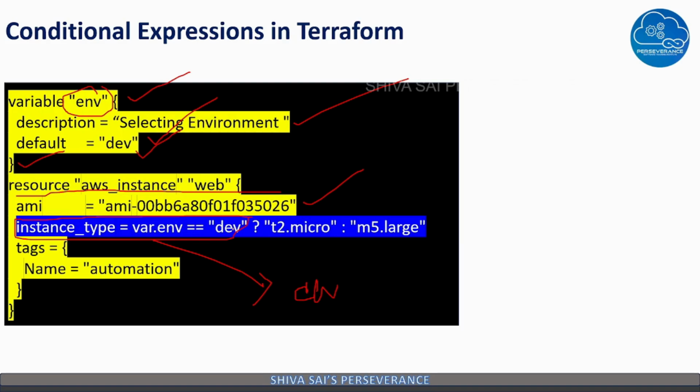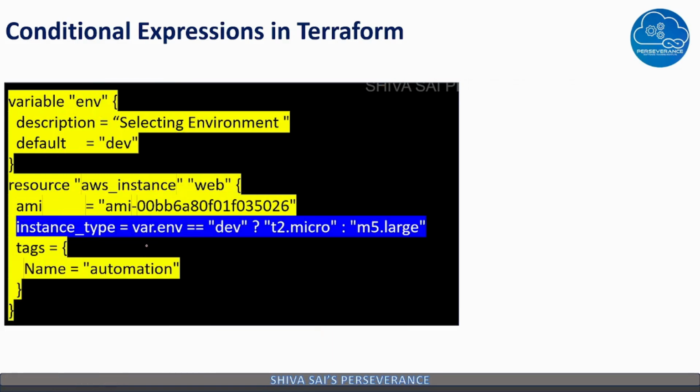and dev double equals dev. Double equals in the sense like 5 double equals 5 is true. So whether these two values are the same or not. Yes, the condition is true here. So if it is true, this particular instance type will be taken into consideration.